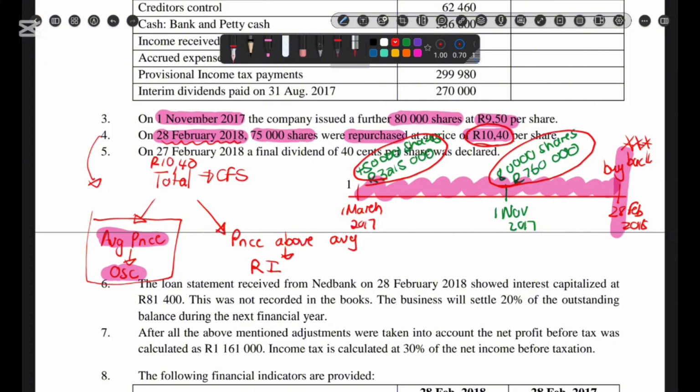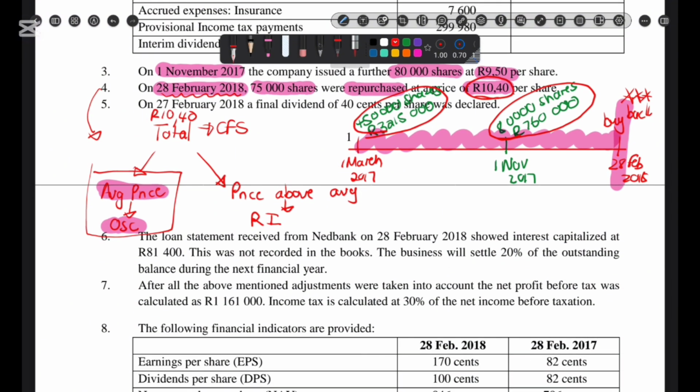So now what we do is we are going to find the average of those shares, right? And how do you find the average? You take your rand amounts, so the 3,215,000 at the beginning plus the 760,000. Then you divide it by the number of shares.